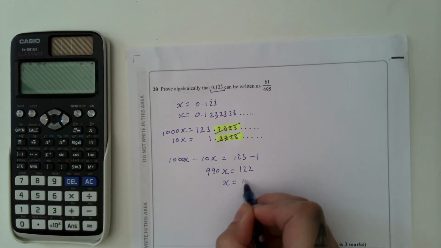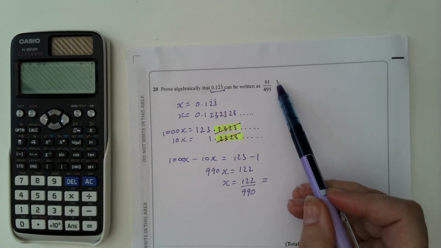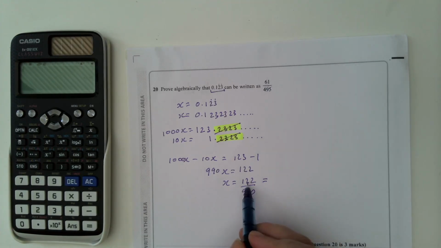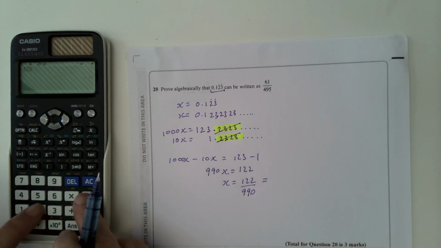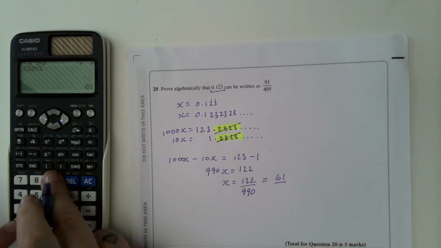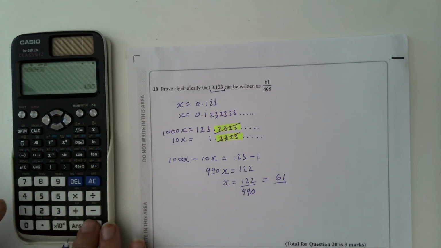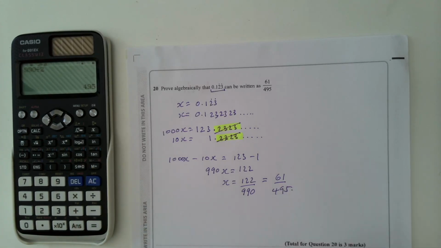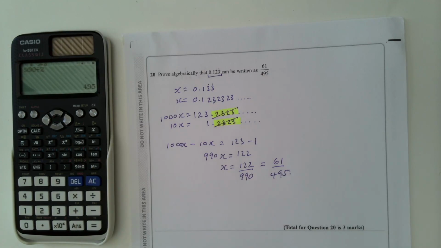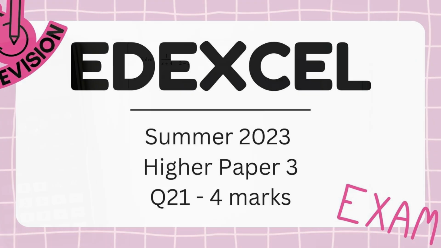So x is equal to 122 divided by 990. Now I need to show algebraically that it can be written as this. Well, if I half 122, I get 61. So if I half 990, I get 495. So I've shown that that recurring decimal can be written as that fraction.